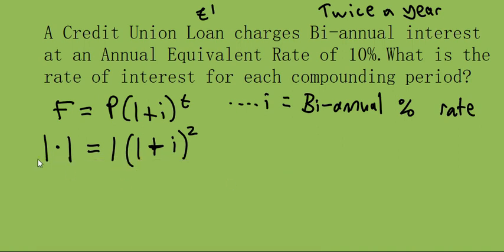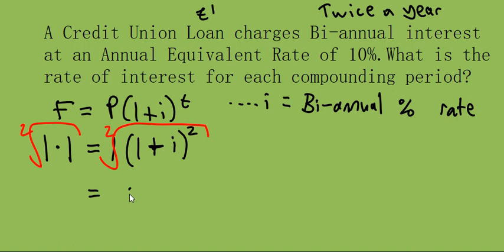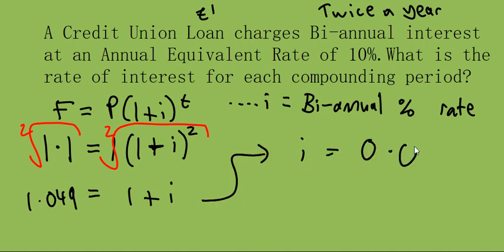We take the root of both sides. We end up with 1 plus I, and on this side 1.049. So that means our I is equal to 0.049. I is equal to 4.9%.